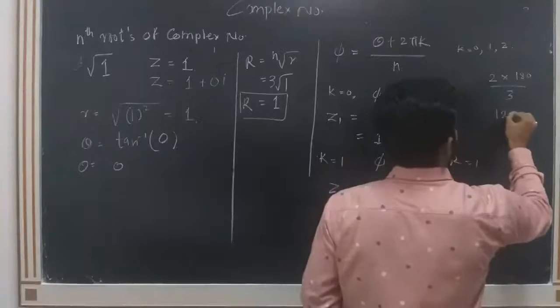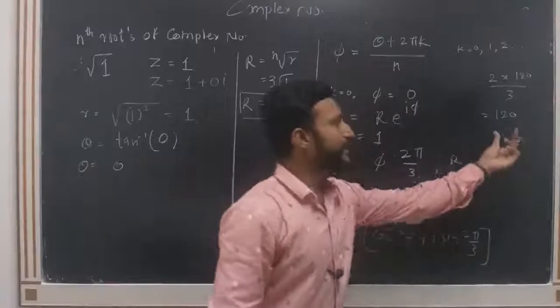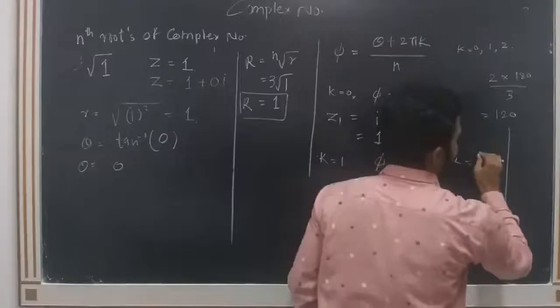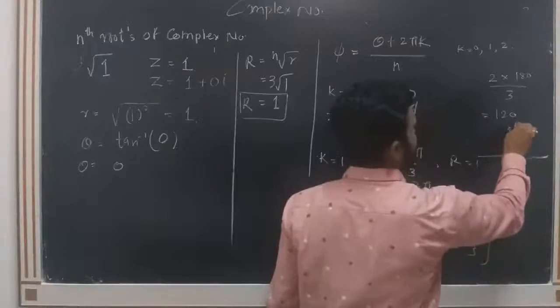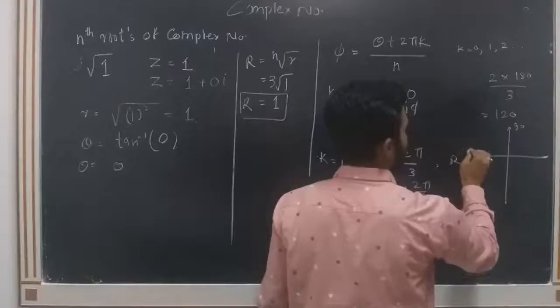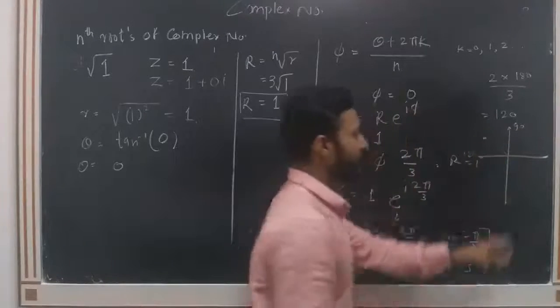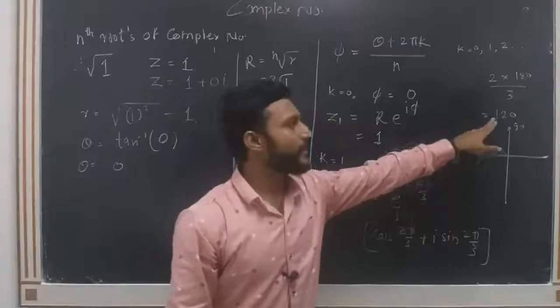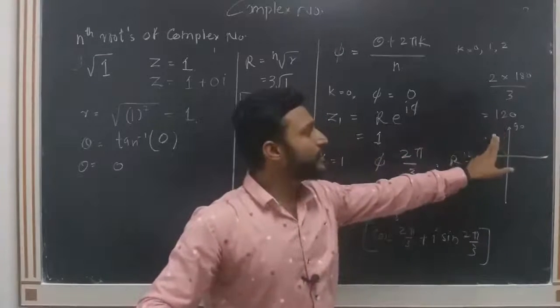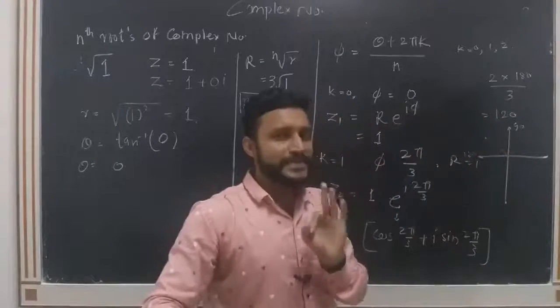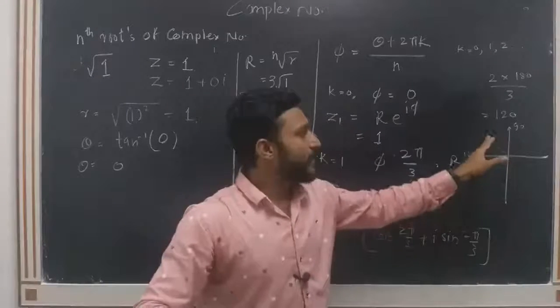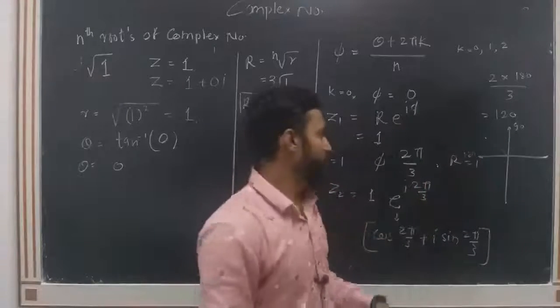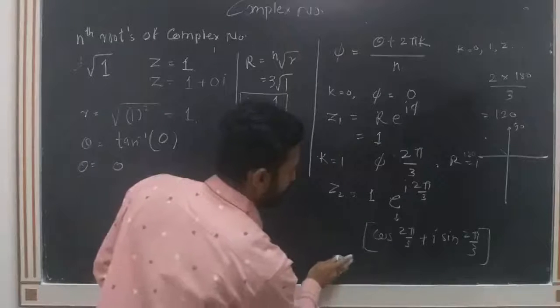Then it's 120. And this 120 angle will come in the second quadrant, here 90 and here 180. And we know the condition for the second quadrant: only sine is positive and the remaining are all negative. So here it is a minus value.